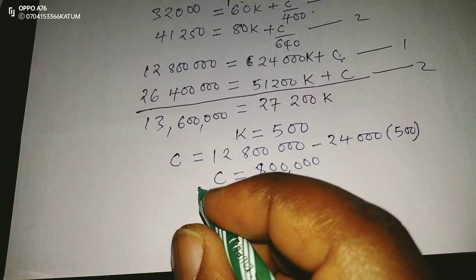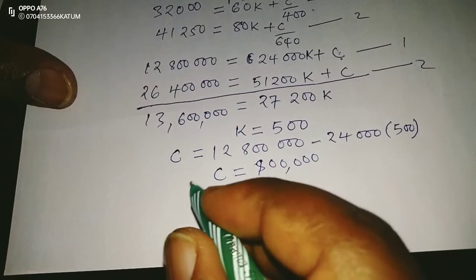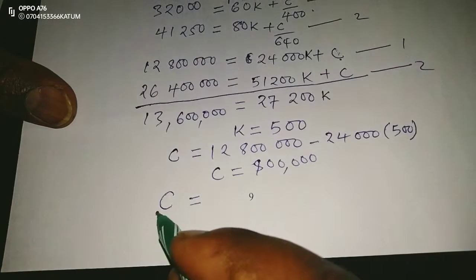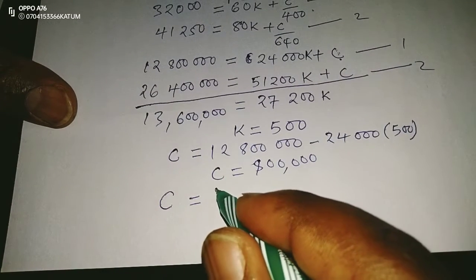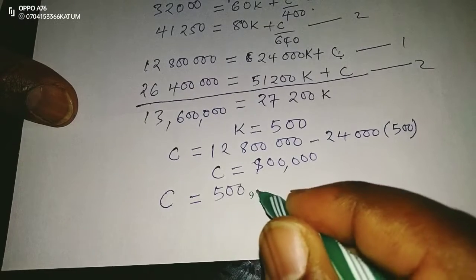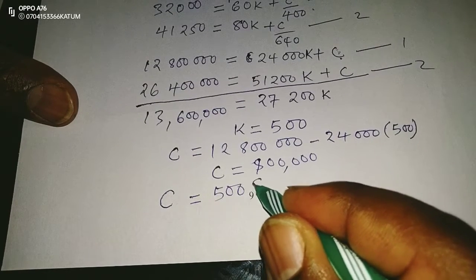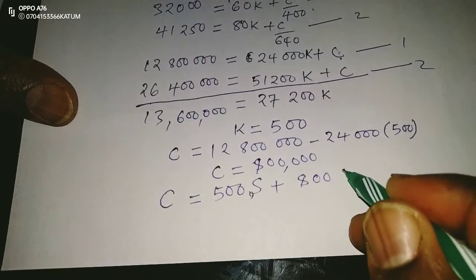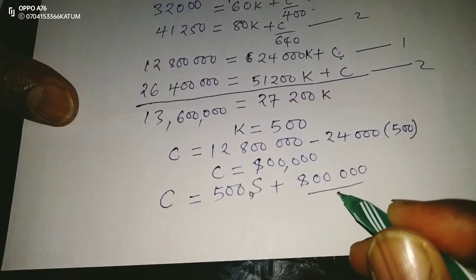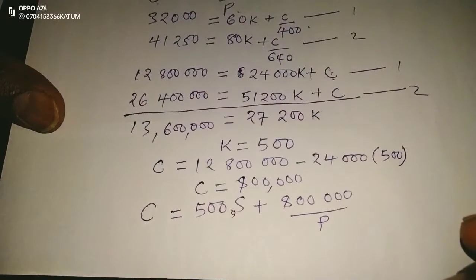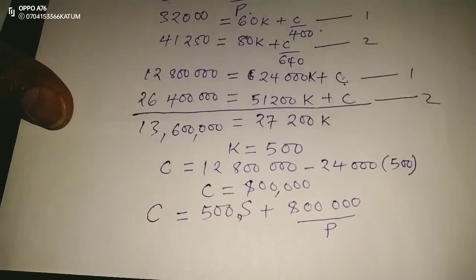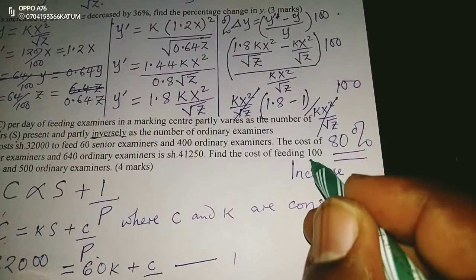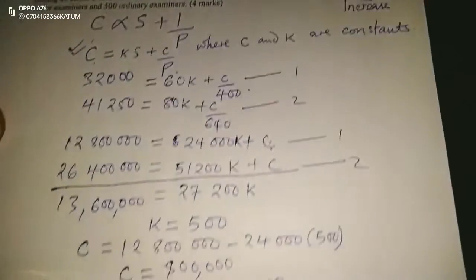So the cost C, this is capital, this is small, equals a constant K, which is 500, multiplied by the number of senior examiners, plus a constant C, which has been found to be 800,000, out of the number of ordinary examiners. And finally, we are to find the cost of feeding 100 senior and 500 ordinary.